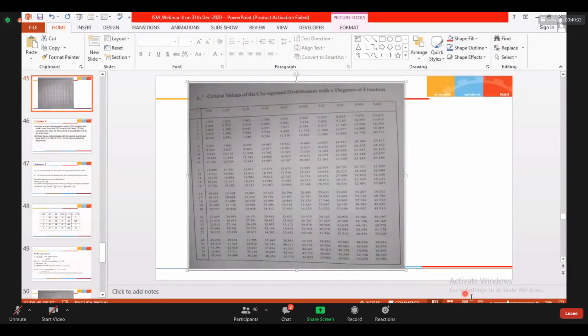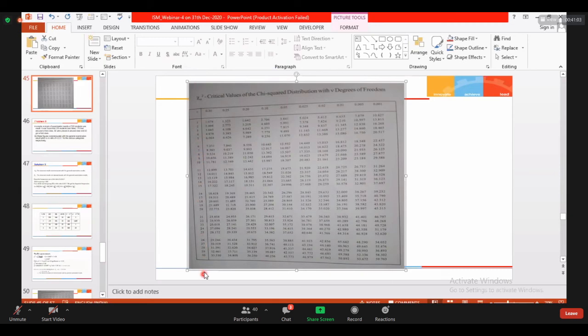The figure is not clear. In the first row we see the alpha value, and in the first column the degrees of freedom, same as the z table. The first row indicates the alpha value, the level of significance.